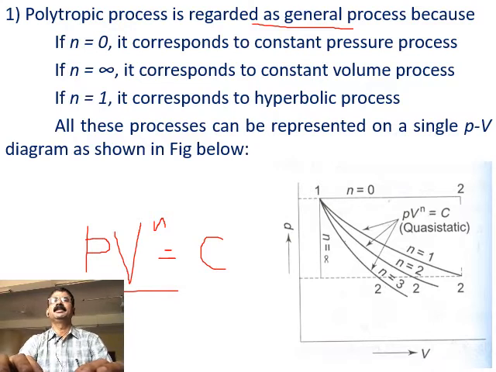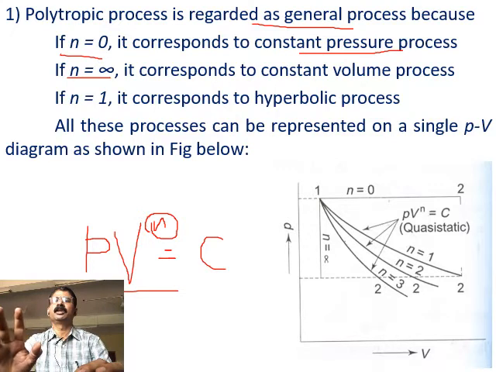How? If n is equal to 0, then V to the power 0 becomes 1, so 1 into P is P, so it becomes P is equal to C, which is called a constant pressure process. Suppose you substitute n is equal to infinity, then V to the power infinity becomes a huge quantity and it becomes constant and you can neglect P. So then it becomes V is equal to constant, which is called a constant volume process.